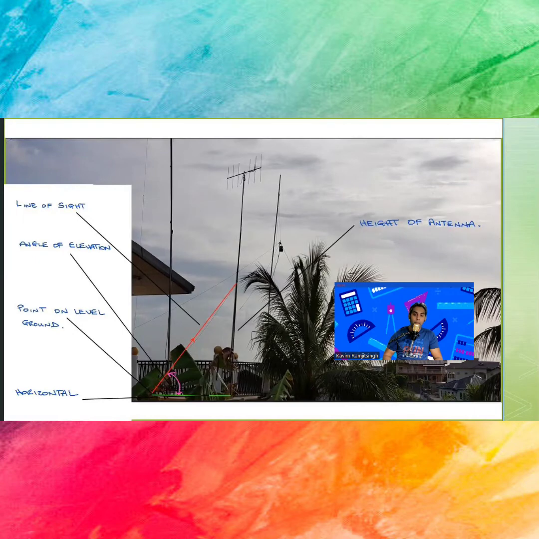So you're seeing the line of sight from the ground, right, on his decking, and you're seeing the angle of elevation between the line of sight and the horizontal. And you're seeing the height of the antenna there, where he put his wire to the ground. So he would have to look at certain things and see where to put that wire, where to anchor it by using the knowledge of angle of elevation, right?